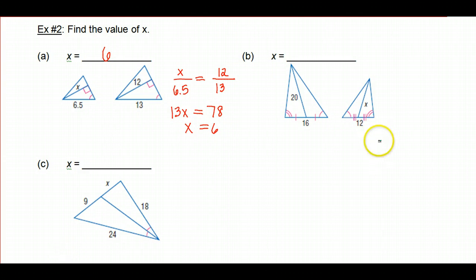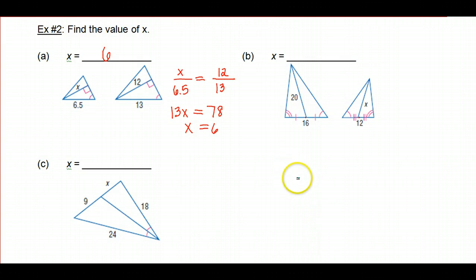All right, for part B, these are what type of segments that are drawn? Medians. Why do we know these are medians and not angle bisectors? Josh? Yeah, this is a midpoint here, and this is a midpoint.